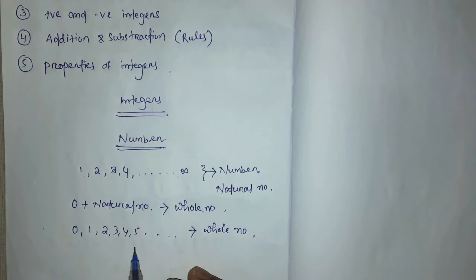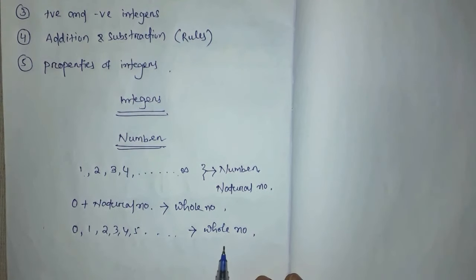It is very important because it is asked regularly, how can we get whole numbers from natural numbers? So what will be our answer? When 0 is included in the natural numbers, or when the number system starts from 0, we can say that number system is known as whole numbers.